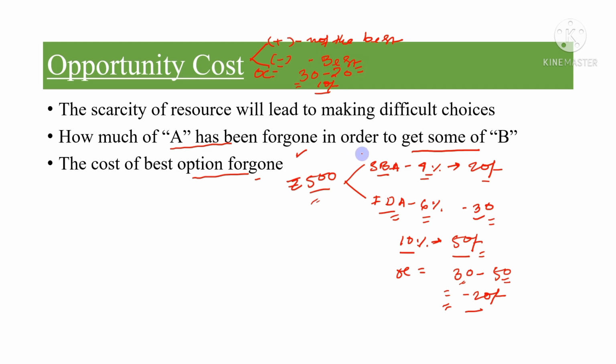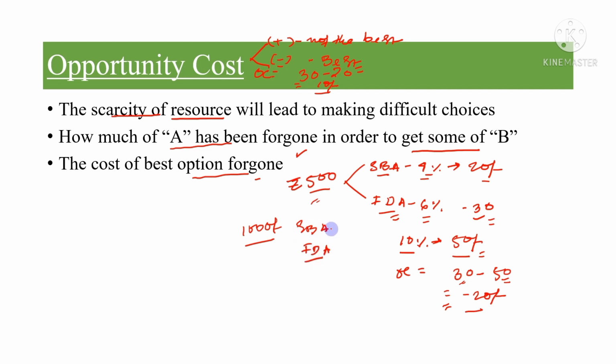Now one more thing: the opportunity cost only comes into play when there is scarcity of resources. Say, for example, you have rupees 1000 with you, and you have two options, either the saving bank account or the fixed deposit account.